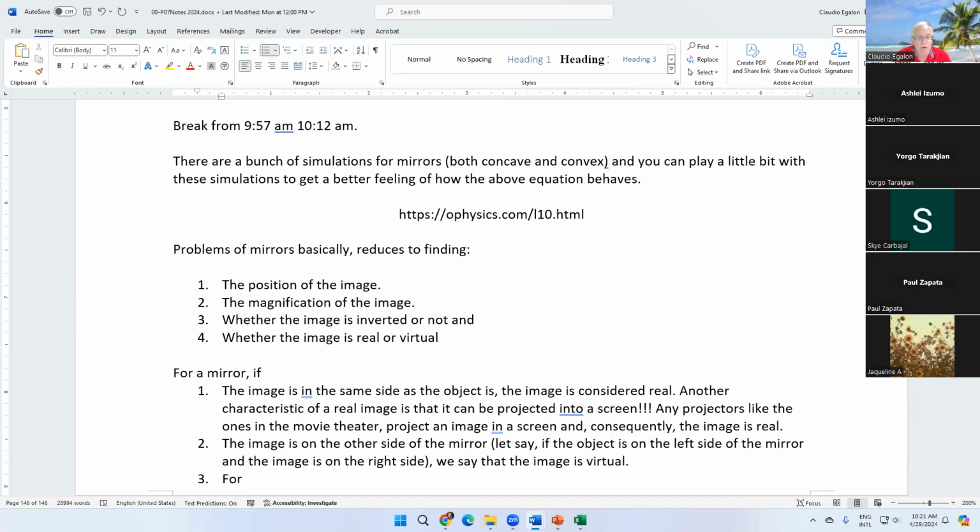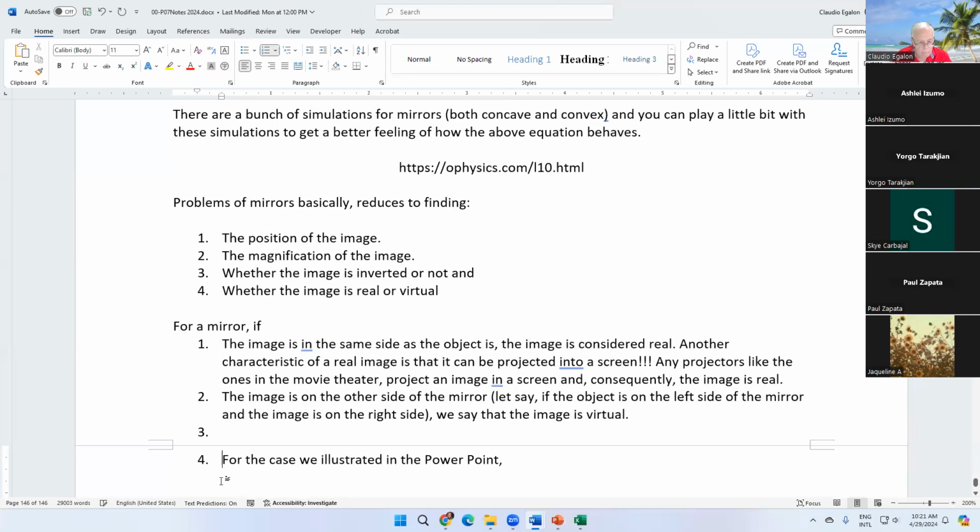For the case we illustrated in the PowerPoint, the image is real, inverted, smaller, and between, let's take a look here at our image.